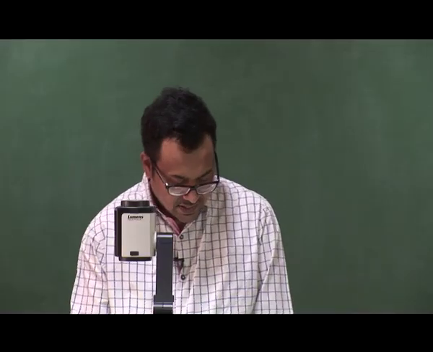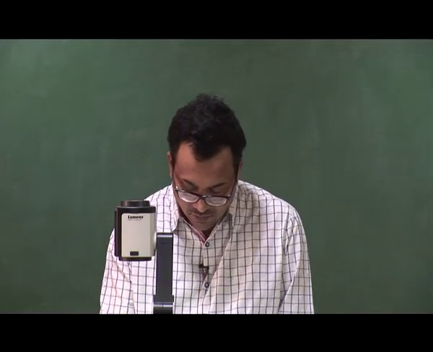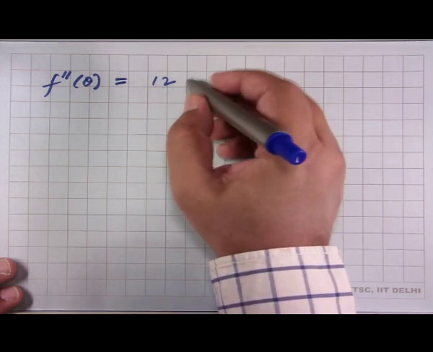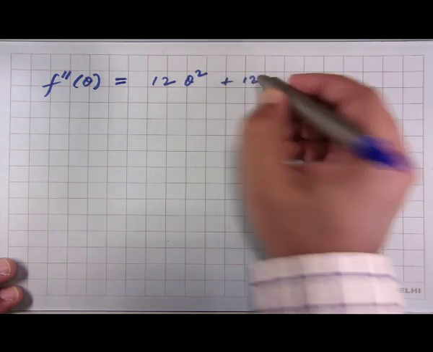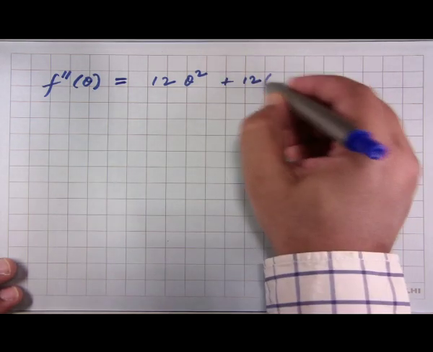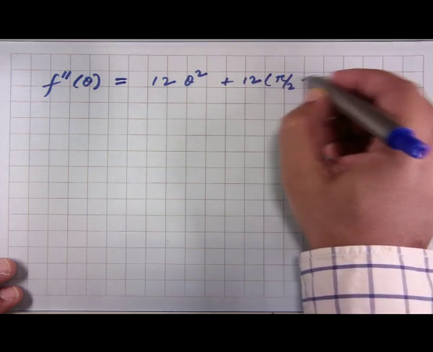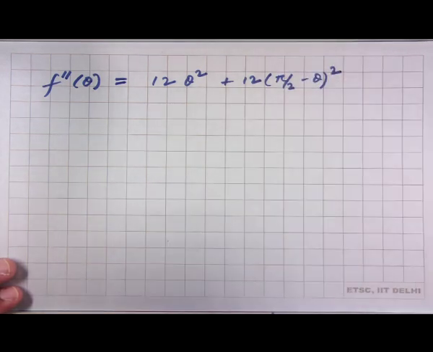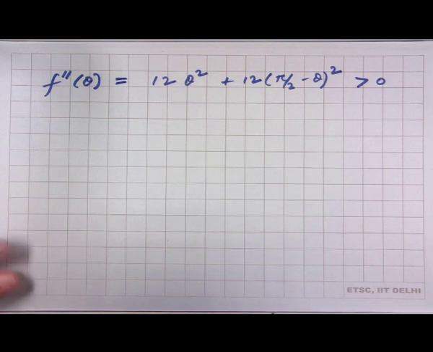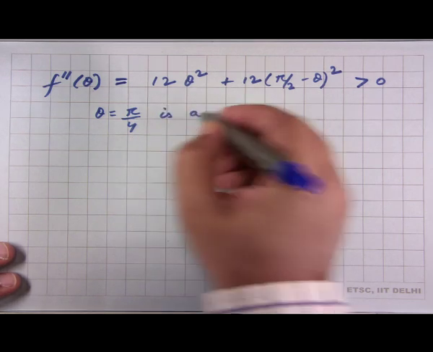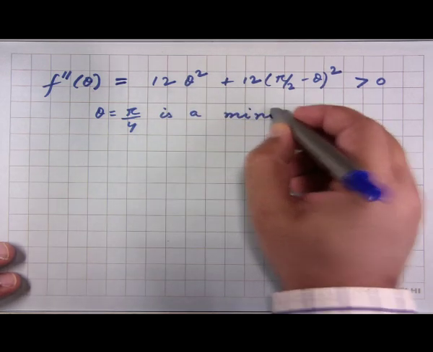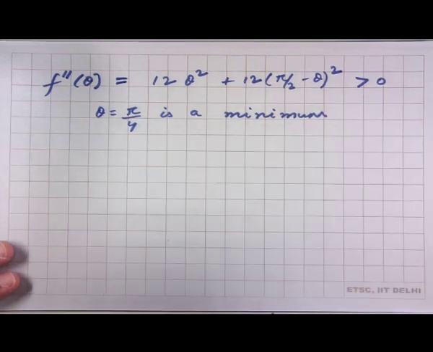So, now this second derivative will be equal to 12 times θ squared plus 12 times (pi by 2 minus θ) squared, which as you can see is greater than 0, and therefore, it is implied that θ equal to pi by 4 is a minimum point.